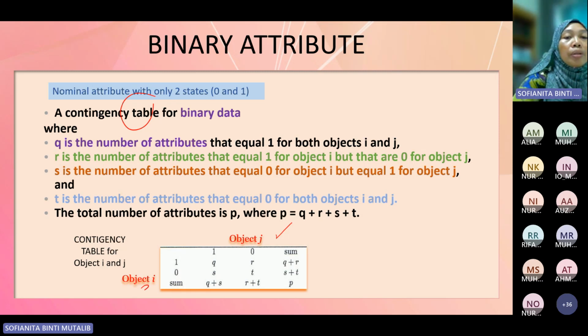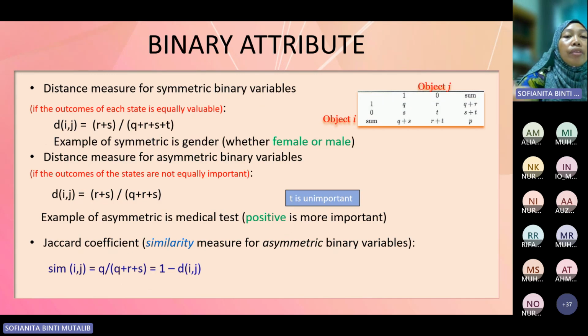Because this is binary, there are 2 states, which we convert into 1 and 0: 1 for positive and 0 for negative, or 1 for yes and 0 for no. Inside here we will have Q, R, S, T, depending on symmetric or asymmetric binary attributes. If we deal with symmetric value, then R plus S.